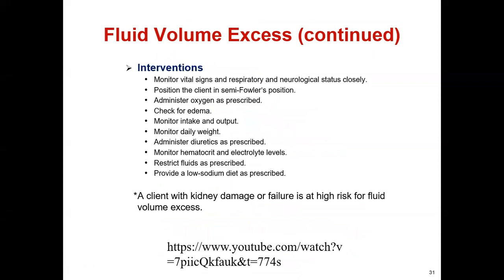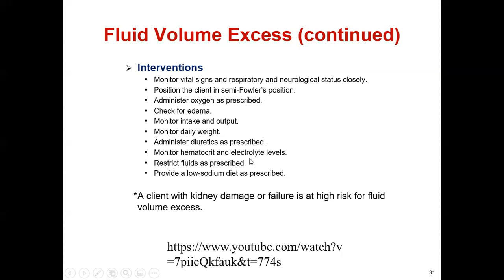What are the interventions? What are the nursing care measures? Monitor vital signs. Position the client semi-Fowler's because of dyspnea. Administer oxygen. Check for edema. Monitor intake and output. Monitor daily body weight. Restrict fluid and sodium as ordered.